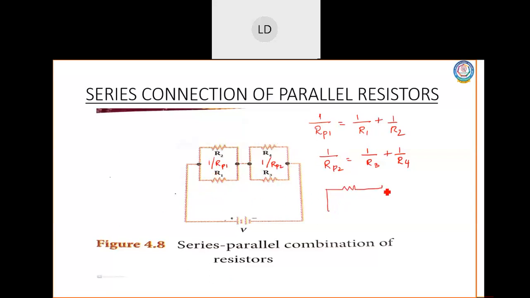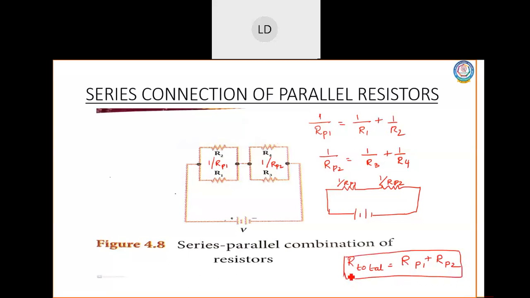This is how the circuit will be: this will be my Rp1 and this will be my Rp2. So these are connected in series. The total resistance will be equal to Rp1 plus Rp2. Is it clear?